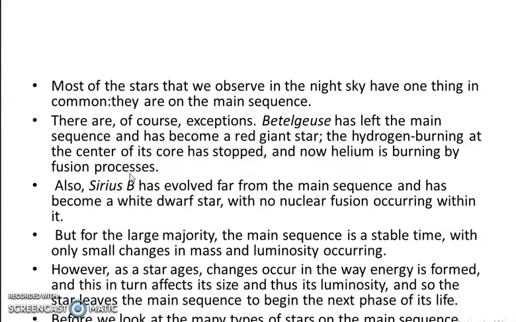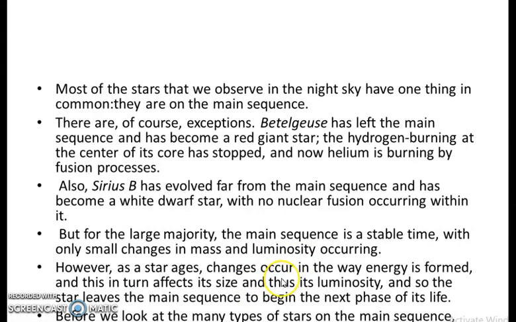And also Sirius has evolved from the main sequence. Now it is a white dwarf star and no nuclear fusion is occurring within Sirius. But most of the stars are on the main sequence, and there is only very small change in the mass and luminosity.